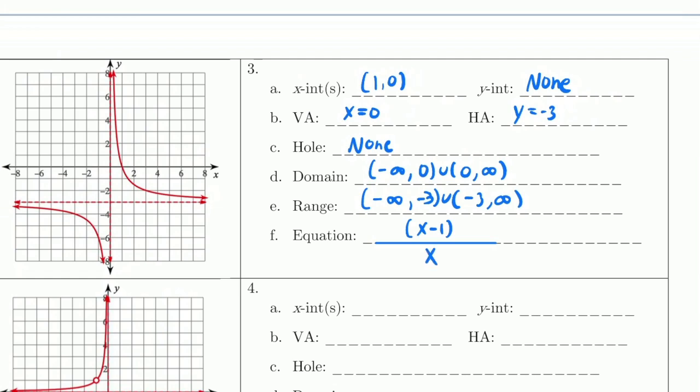So it'd be x minus 1 over x. And then my horizontal asymptote, it's negative 3. So I have to have a ratio of negative 3 here. So I can put a negative 3 over 1. We don't actually have to put the 1, but this is what it would look like. Okay?